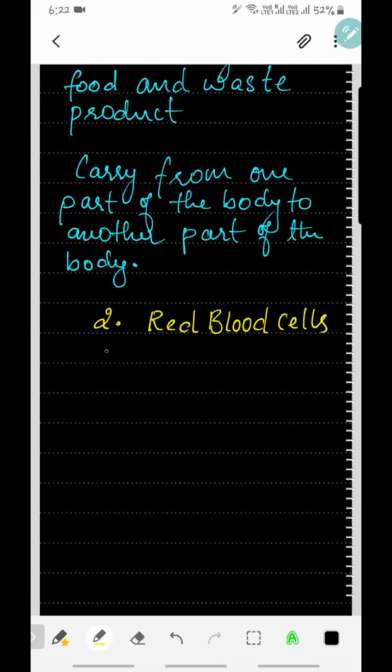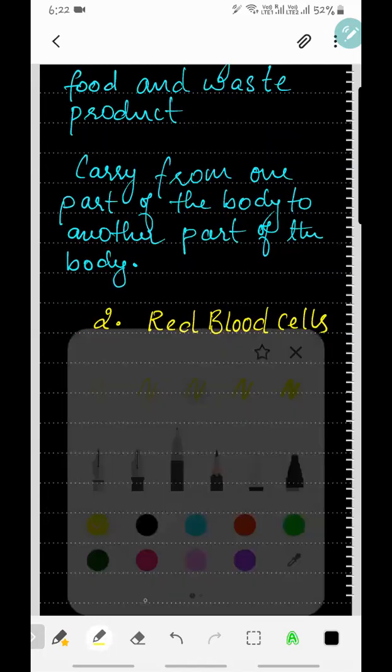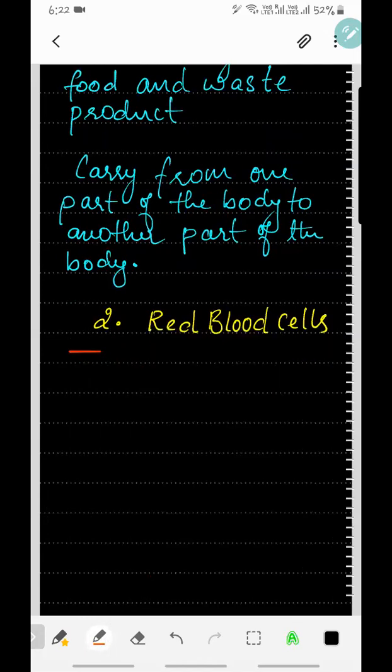So now red blood cells, which are red in color. So let me write with the red color. The very important part is red color.